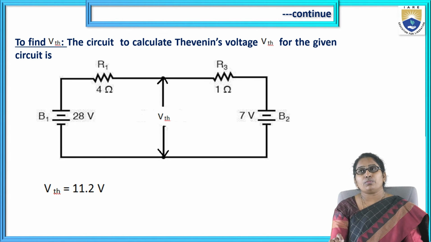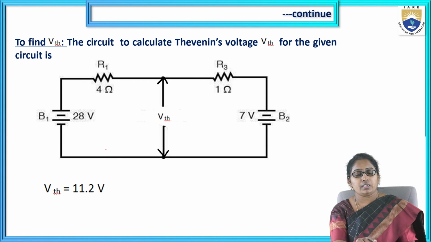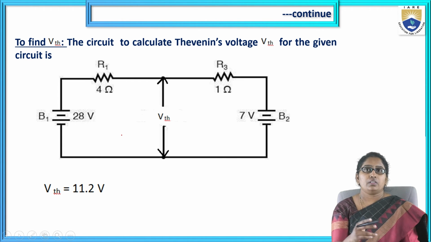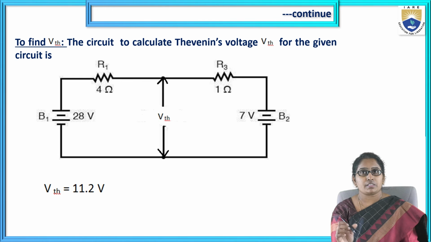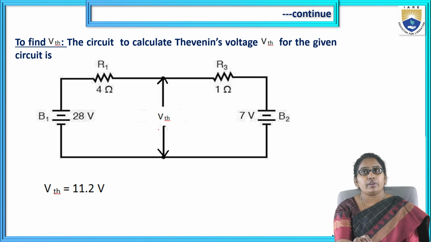That voltage is called Thevenin's voltage. So here is the circuit, showing sources and resistances as given, with only the 2 ohm resistor, the one in which we are interested in calculating the current, removed. There we are finding the voltage. That is called Thevenin's voltage.